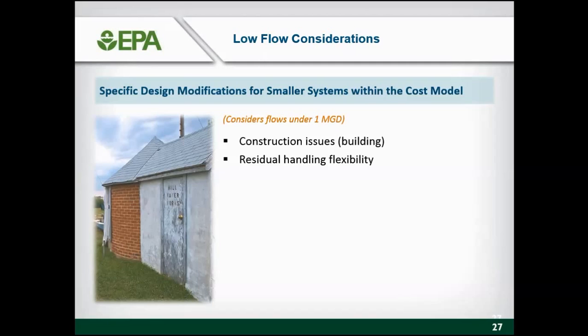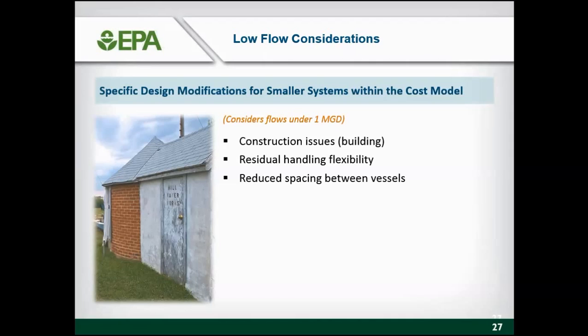Secondly, residual handling flexibility in very, very small systems. You sometimes have the option of using an in-ground septic tank or septic system for disposing your residuals. And this comes into play with technologies like adsorptive media or ion exchange resins. The reduced spacing between vessels. Small systems' skids can be packed in closer because they're built as skids and as units.